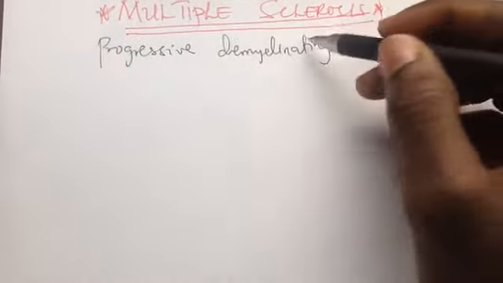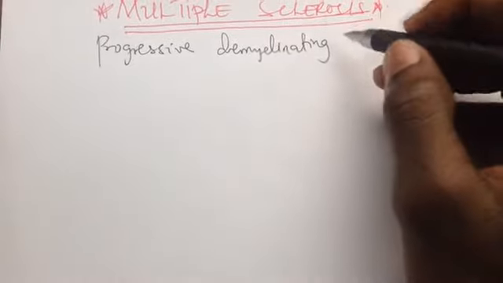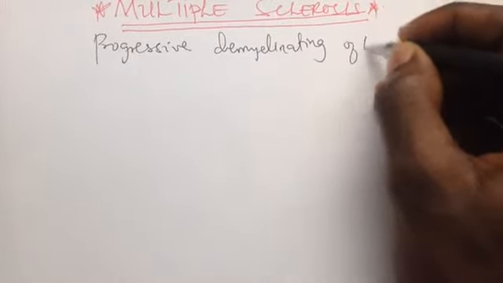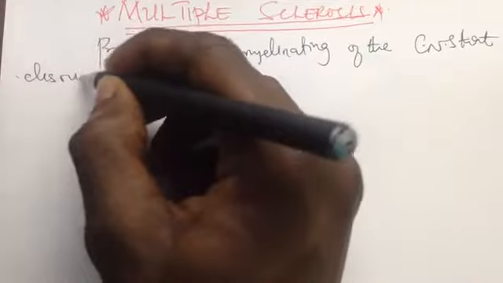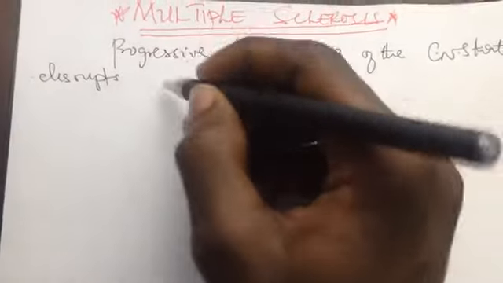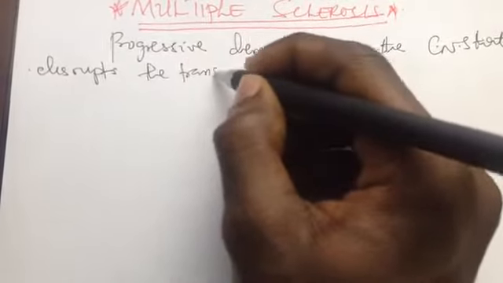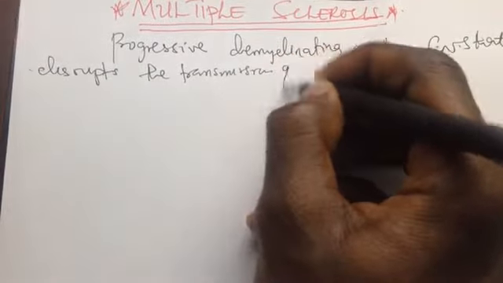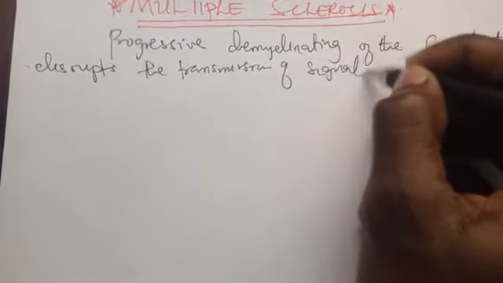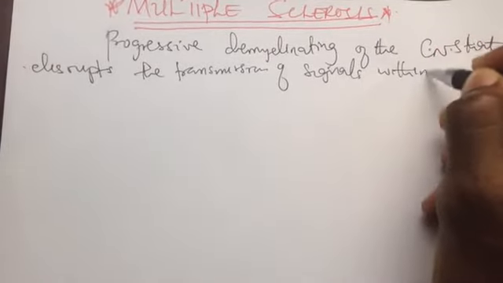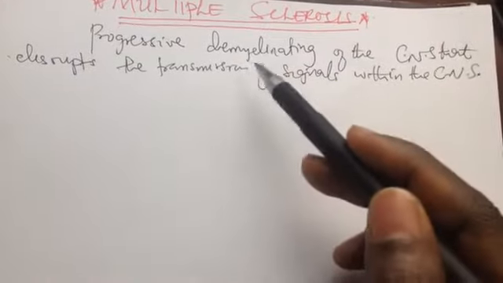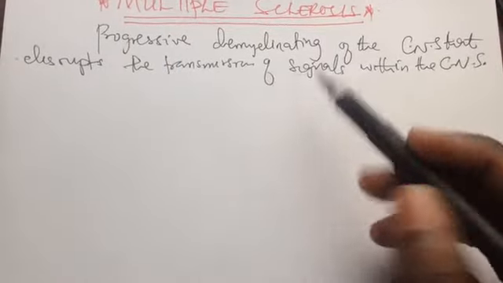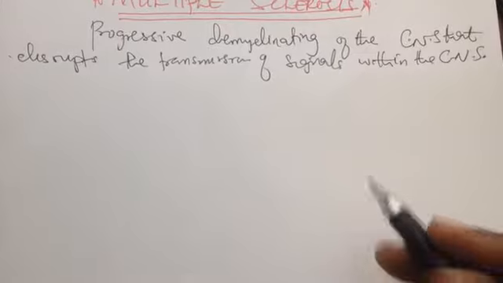It is a progressive demyelinating disease of the central nervous system that disrupts the transmission of signals within the central nervous system. Because if the myelin sheath is damaged, definitely the signals of the central nervous system cannot be coordinated well.